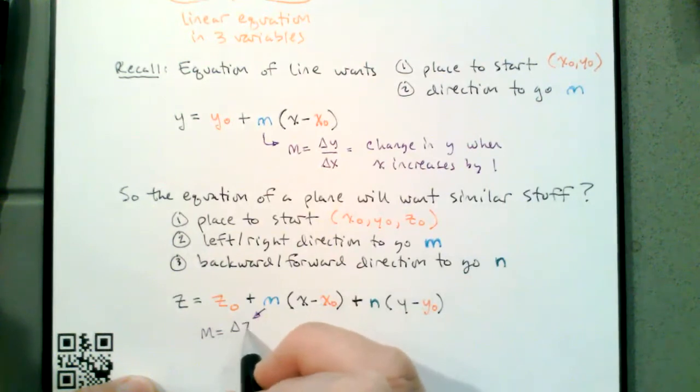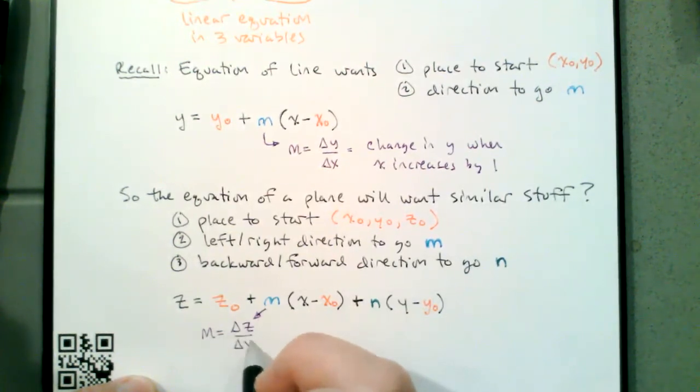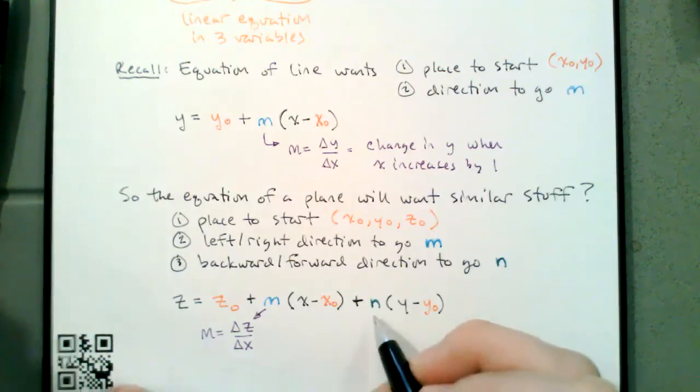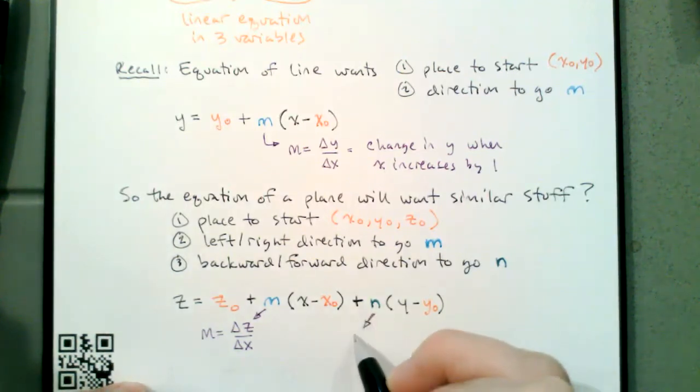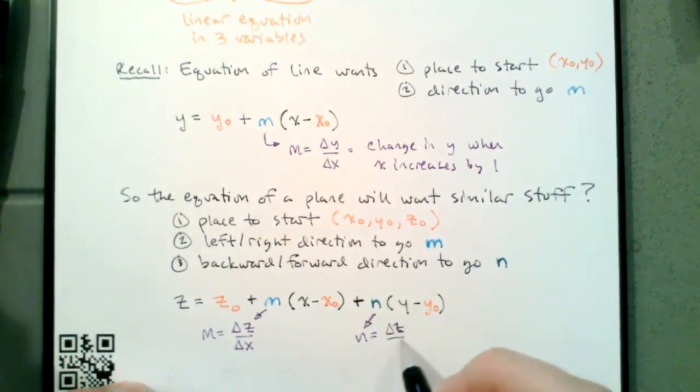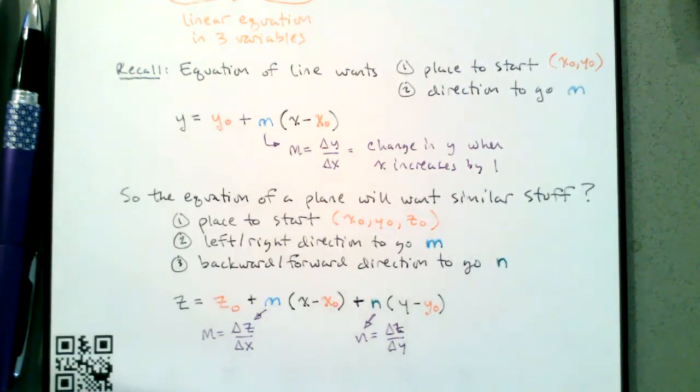So m will be the change in z with respect to x. That's what we add to z when x increases by 1. And n will be the change in z with respect to y, what we add to z when y increases by 1.